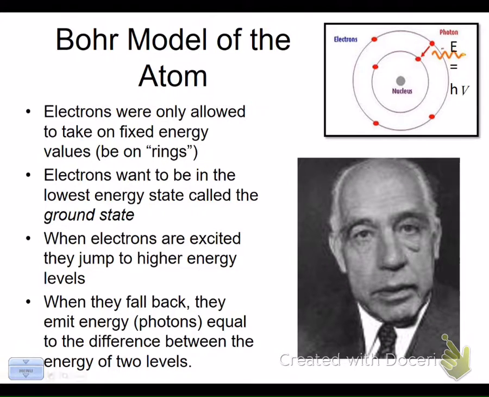They had to be at fixed distances to the nucleus. Of course, those distances would change from atom to atom because the number of protons in the nucleus and the other electrons interfering would change things a bit, but for the most part, every element had a fixed distance, a fixed diameter for these rings that the electrons could be on.